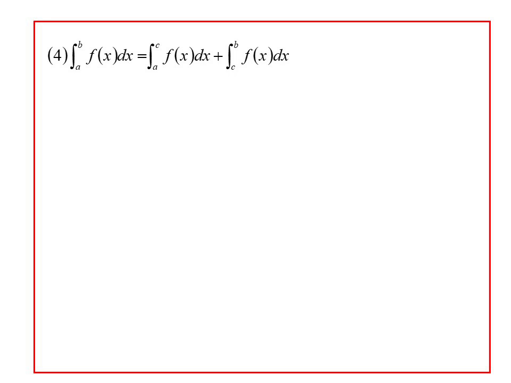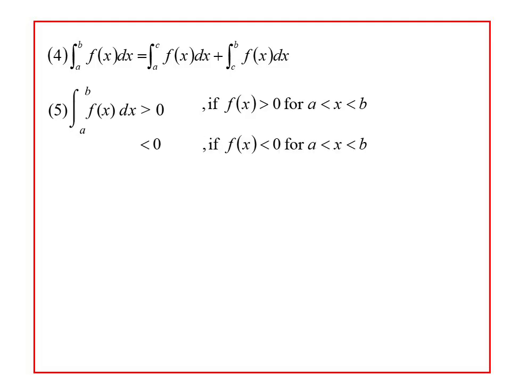This one here, we know that if the function gives us a positive answer in between a and b, then that integral should also be positive. And the reverse is also true. If I know that function gives us negative numbers between a and b, then that integral should turn out to be a negative number.